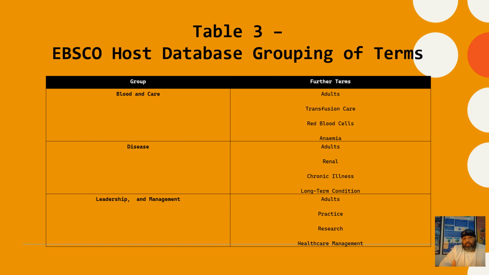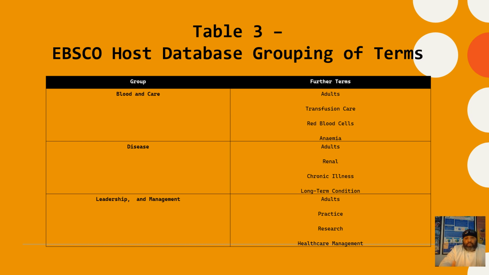So further terminologies were used. So for example, with blood and care, further terminologies would be, for example, adults, anemia, transfusion care, and red blood cells.